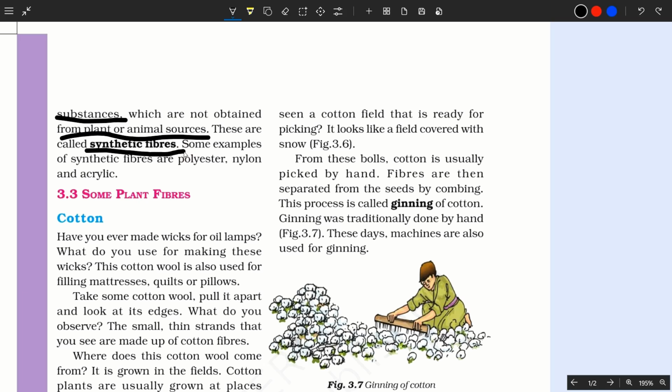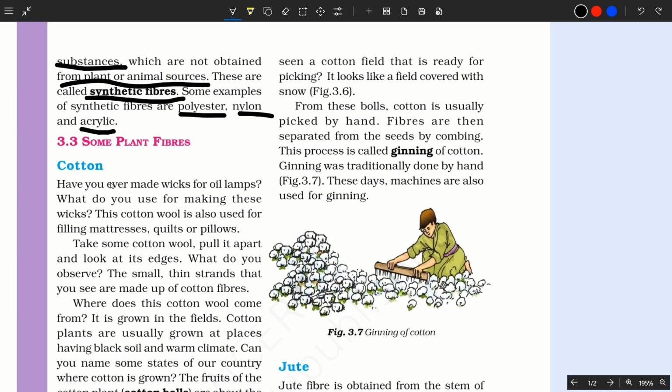Some examples of synthetic fibers are polyester, nylon and acrylic. These are the fabrics which are synthetic, not natural fabrics.